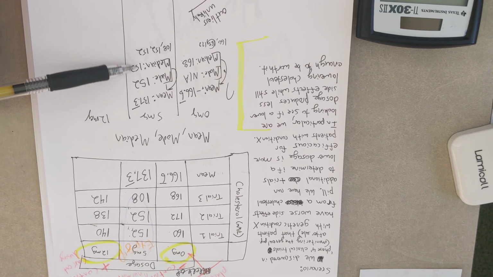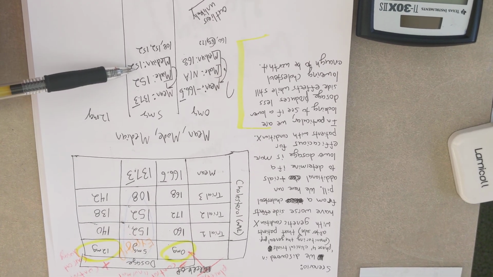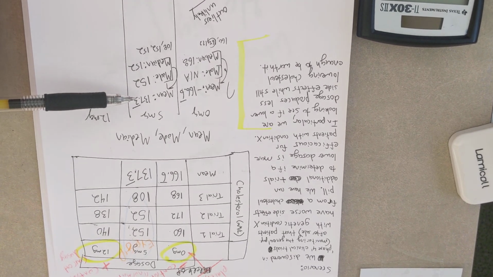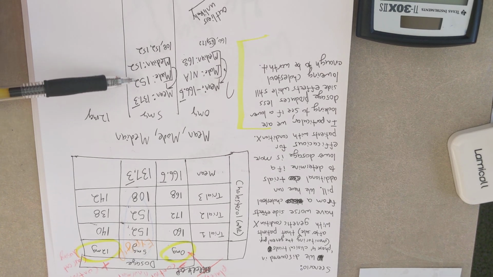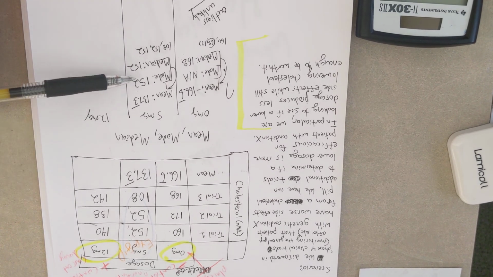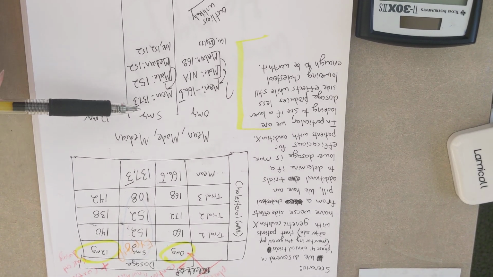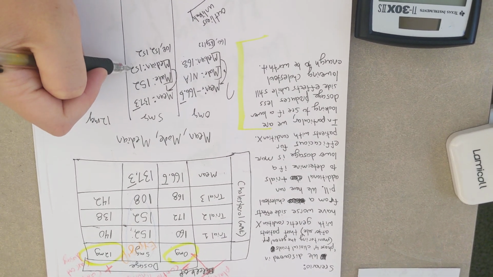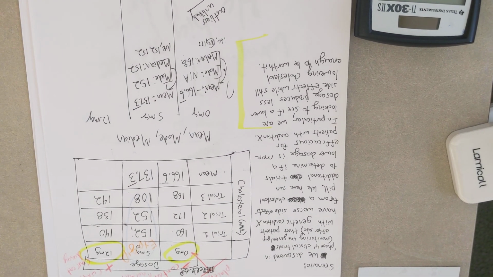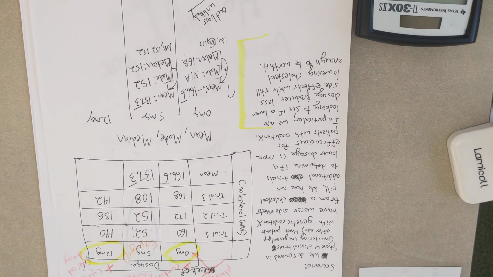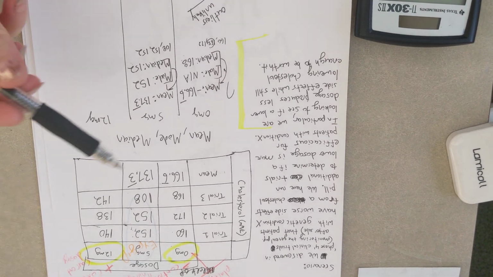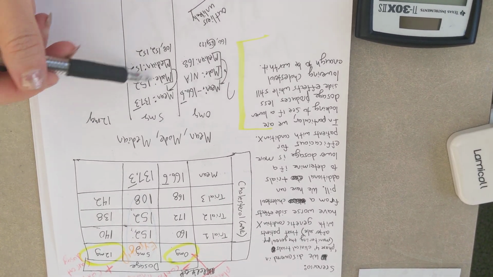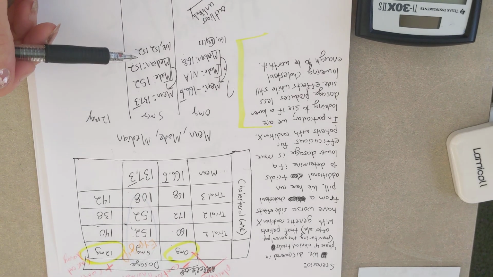Well, my mode and my median are in very nice agreement with each other. However, the mean could be a pretty significant difference. We're looking at about a 15-point difference between the mode and the median and the mean. And because the mean is lower than the mode and the median, that means our outlier would be pulling down the average. So if the mean is lower than these, the outlier is pulling it down.